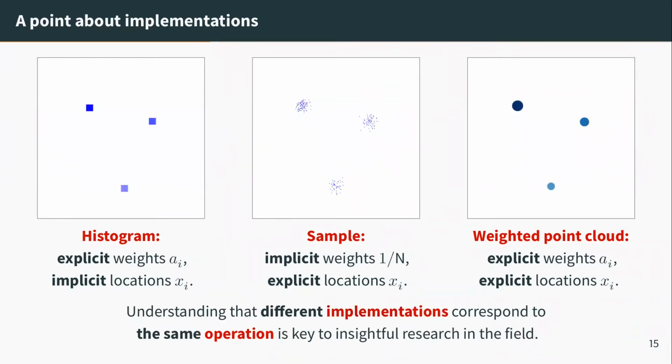And so here I want to stress that if you want to make insightful research in those areas, you must really try to understand that different implementations, different programs, can correspond to the same mathematical operation. And I think that this is where having a good mathematical background is really helpful, because if you have a good math background, you are used to this idea that a function, you can represent it as a sum, as a limit of piecewise constant functions, as a limit of piecewise affine functions.